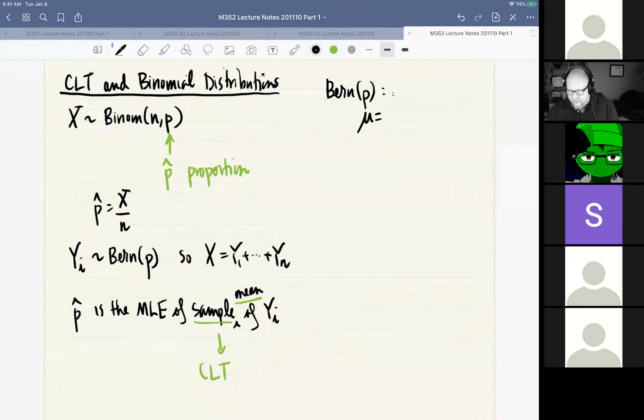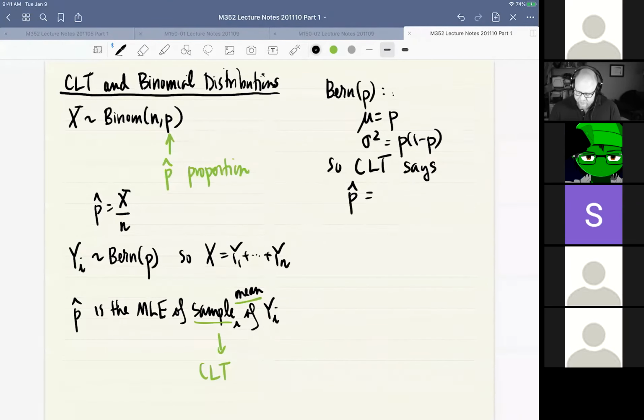Since p hat is the maximum likelihood estimator of the sample mean of Bernoulli trials, the mean of the Bernoulli trial is p, and the variance of the Bernoulli trial is p times 1 minus p. Easy computations, we did them a long time ago. So the central limit theorem says that this p hat, which is the sample mean estimator for the Bernoulli trials, is distributed as the normal.